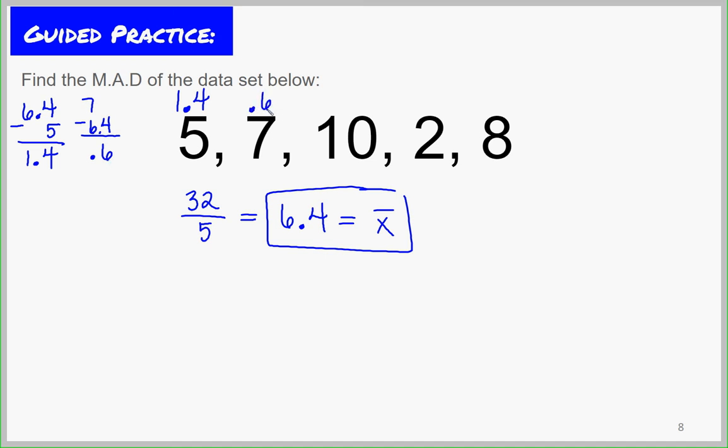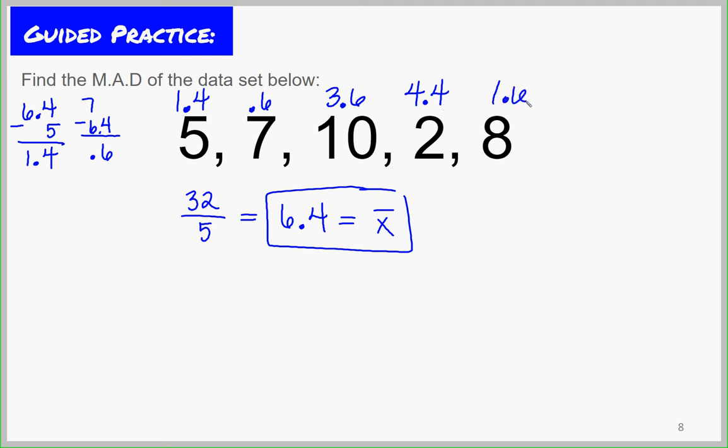It can kind of play tricks on your mind if you're trying to do it in your head. And then how far away is 10 from 6.4? Do 10 minus 6.4? 3.6. And then how far away is 2 from 6.4? 4.4. And again, just subtract and take the absolute value. And then 8 minus 6.4 is 1.6.